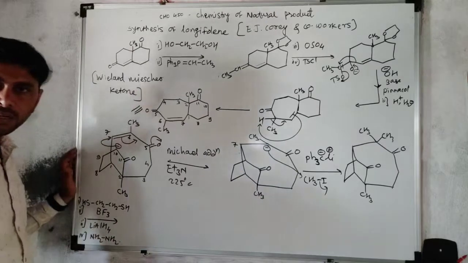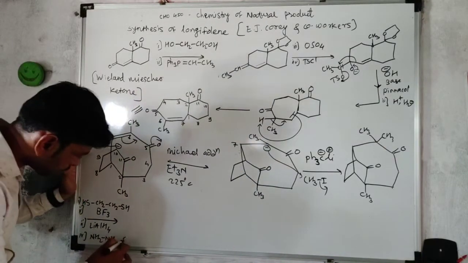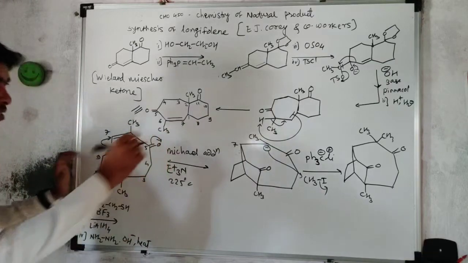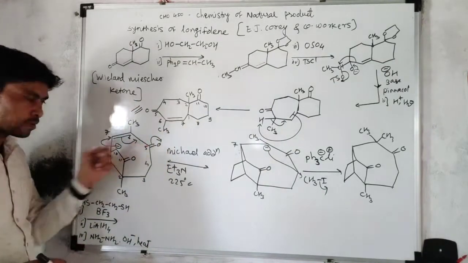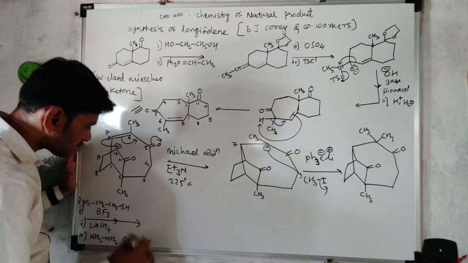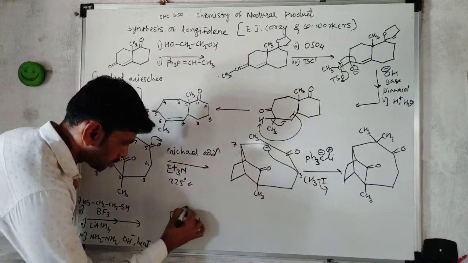So this is utilized here in presence of base OH minus and heat. This is for removal of this ketal group and introduction of hydrogen. So by adding these reagents, we obtain the compound.